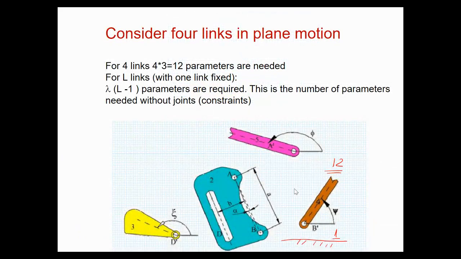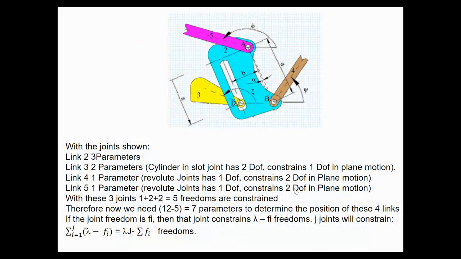If you connect them by certain joints, now the joints decrease the degrees of freedom. For example, link 2 is connected to other links now.